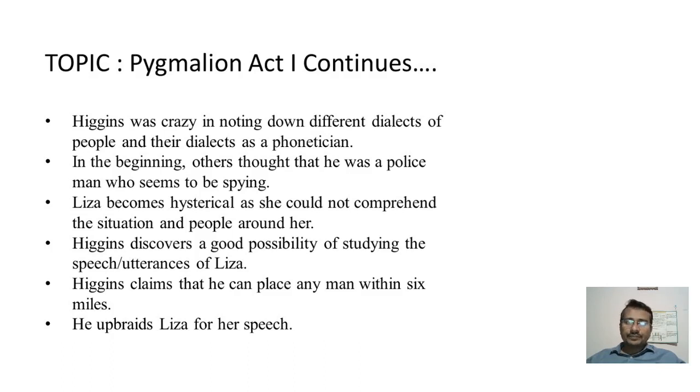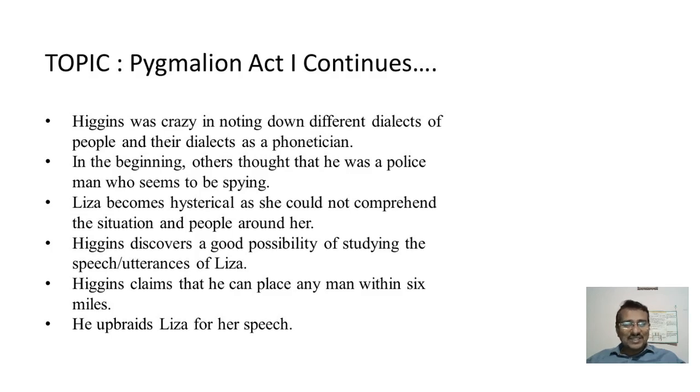And here, in the beginning of the play, others thought he was a policeman, a man who seems to be spying. He behaves as if he was spying, but he was observing speech, how people utter and produce the sounds while they speak.